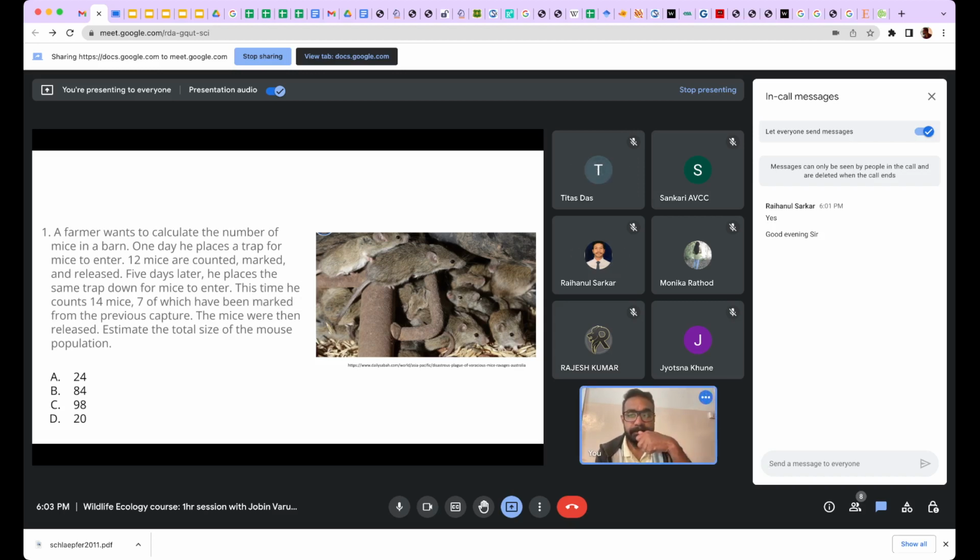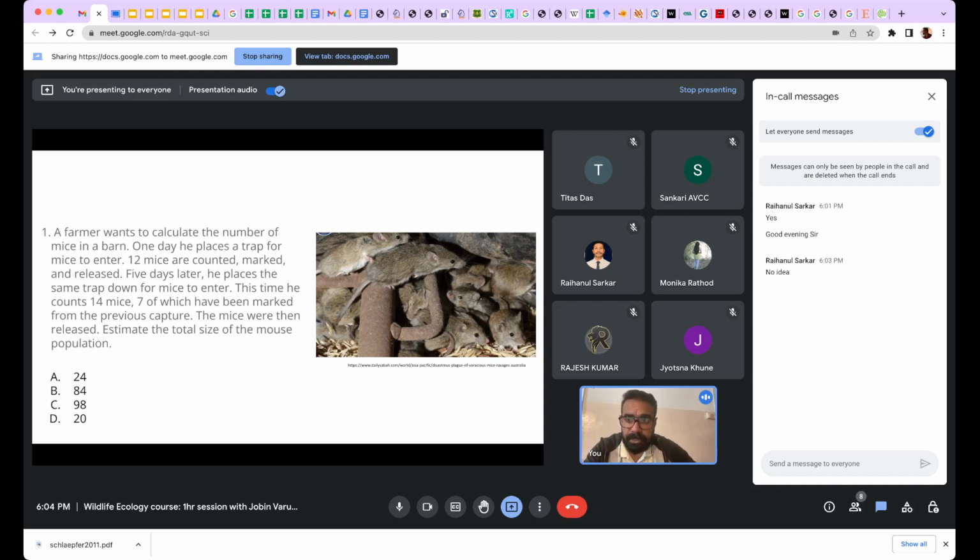So I'll just give you a brief about the question. A farmer wants to calculate the number of mice in his barn. One day he places traps for the mice.